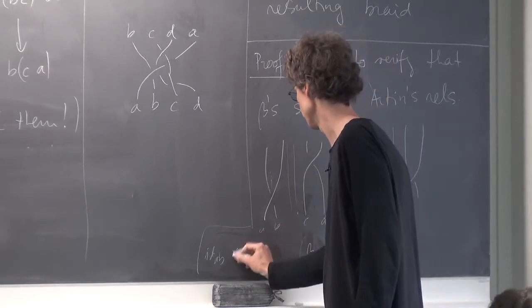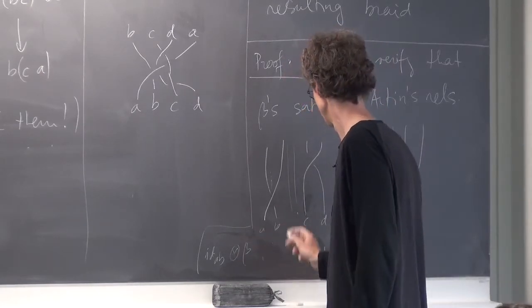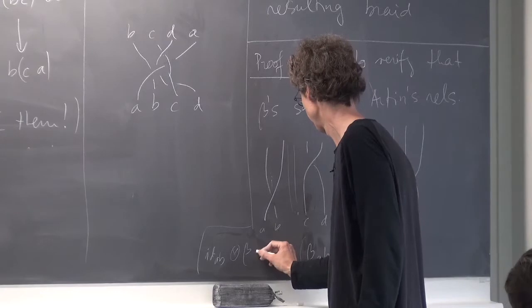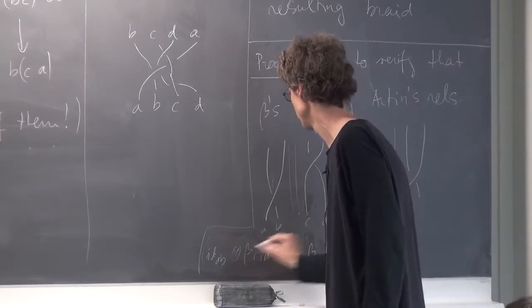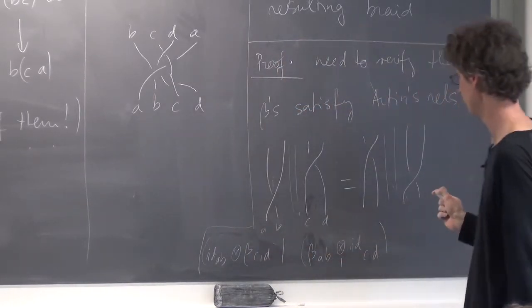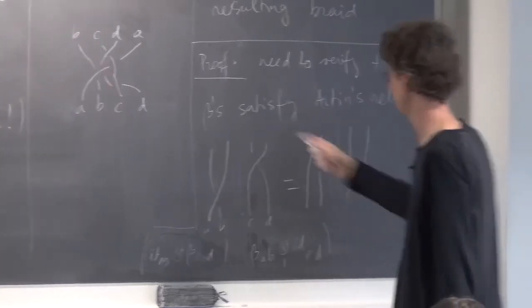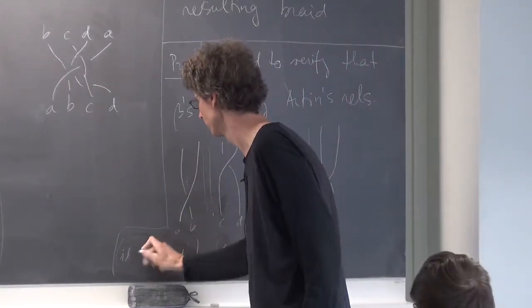Identity on AB tensor with beta on CD, this thingy. Identity on BA, right? We did here. They got flipped. BA.